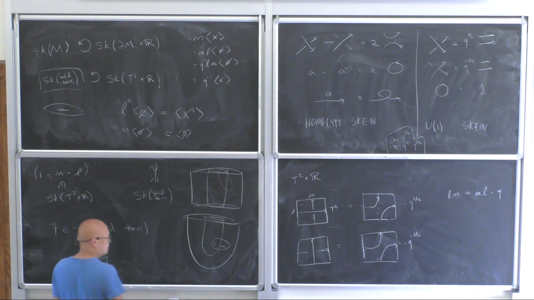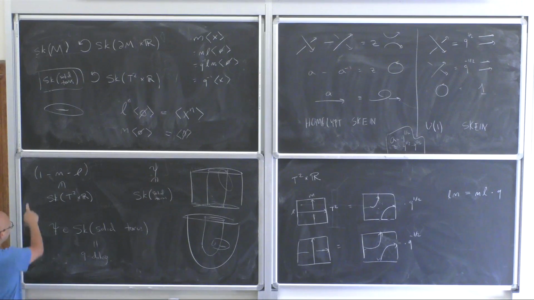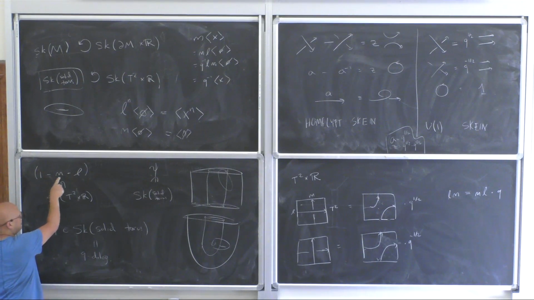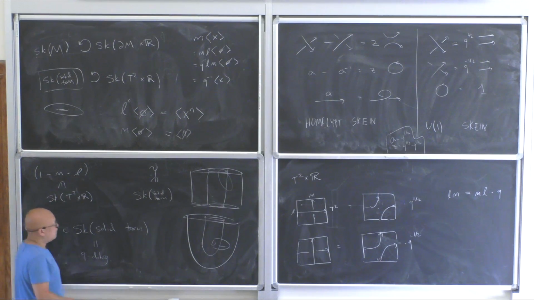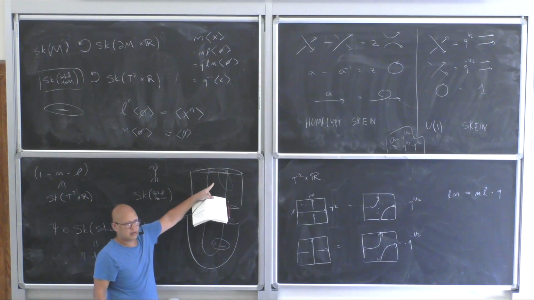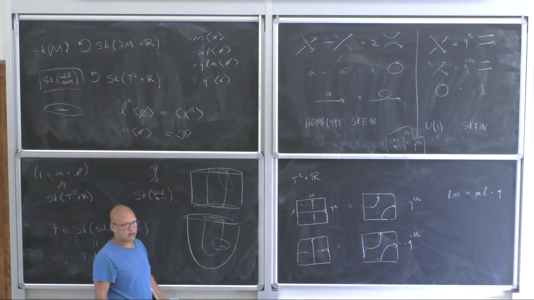No, the operator 1 minus m minus l was the count at infinity here, because there were 3 curves.